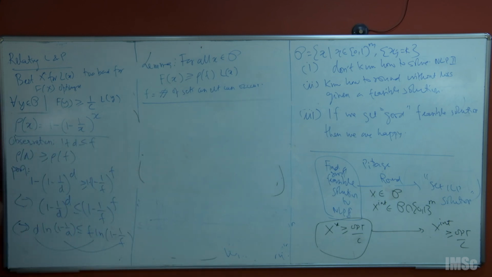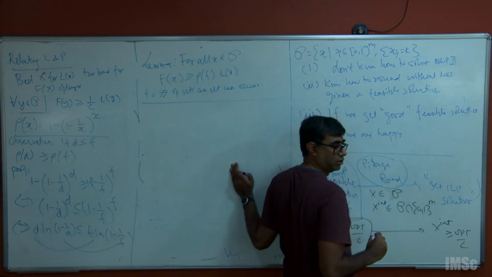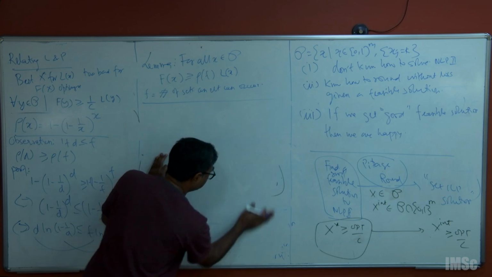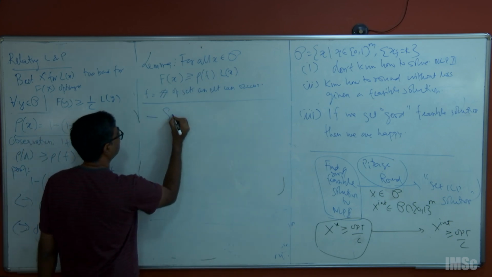Let me go do other things and come back and show this. Suppose I show this, then because of whatever we argued before, we are done. Modulo, I have to show you how to do the Pipage rounding. I have not told you that yet. So suppose I have this lemma, what will my algorithm do?